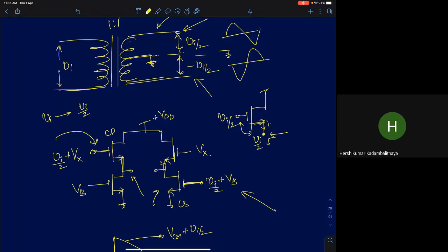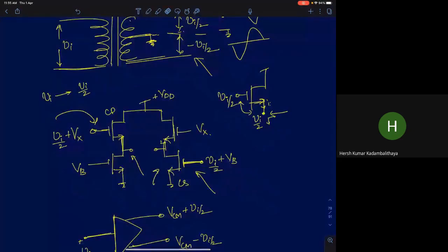Now the next circuit, the one I've shown here, is a common source amplifier. So we'll analyze the next half of the circuit. This is a common source amplifier, and I'm choosing identical devices. Both these devices are identical. So this is an AC ground, the drain is also AC ground, and you're supposed to find the voltage at this point.